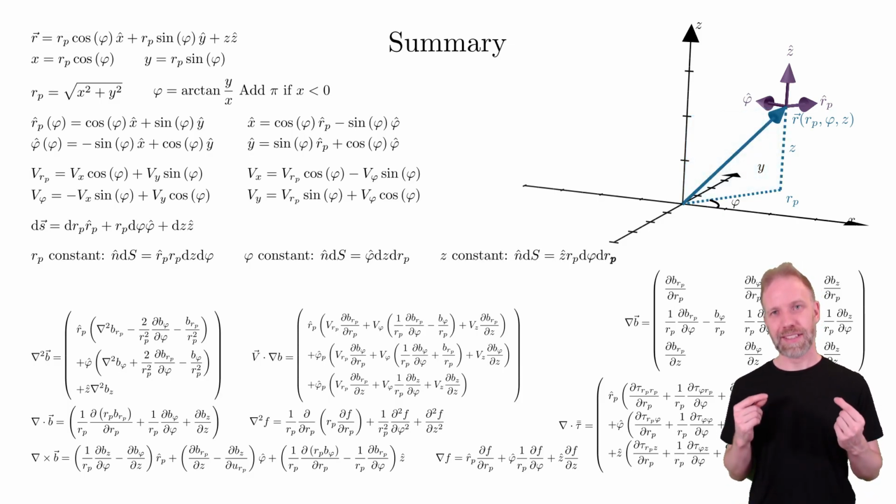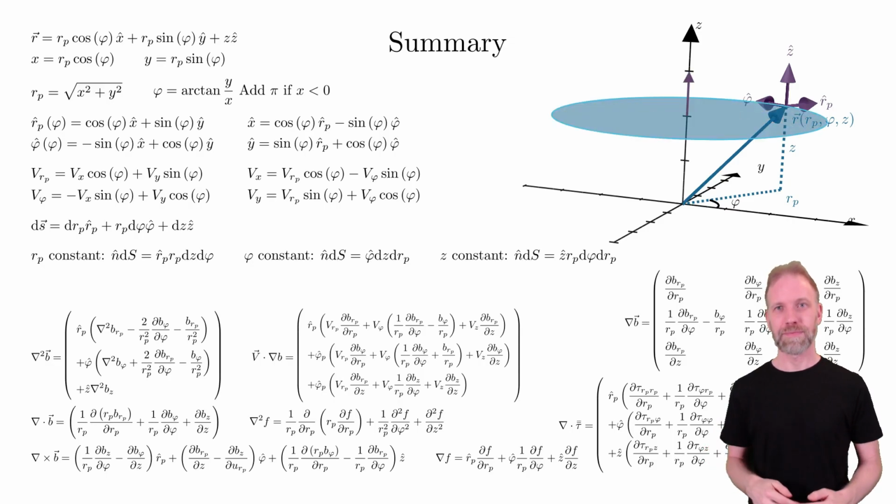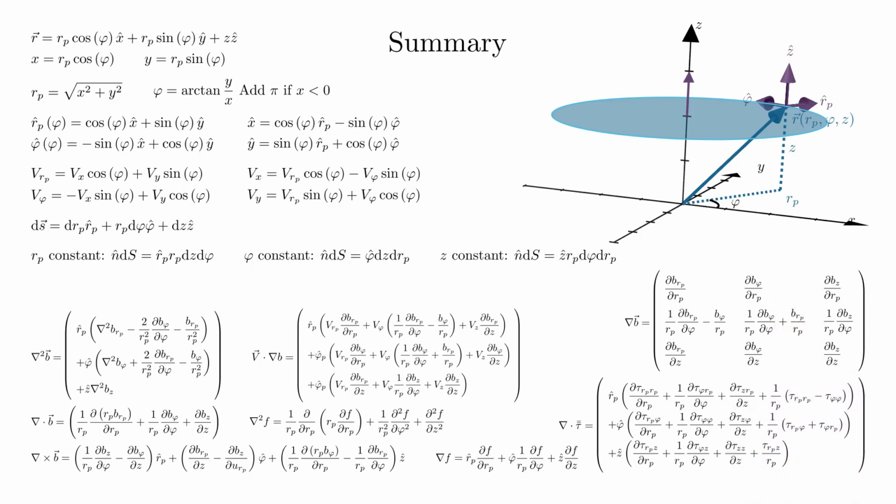Finally, when z is constant, we have the following. This is commonly used to integrate over the ends of a cylinder or an ordinary circle in the xy plane. We also have the volume element for triple integrals that we integrate over the volume of a cylinder.